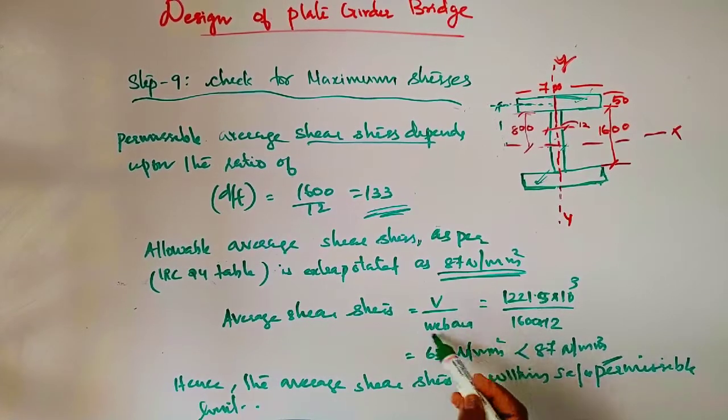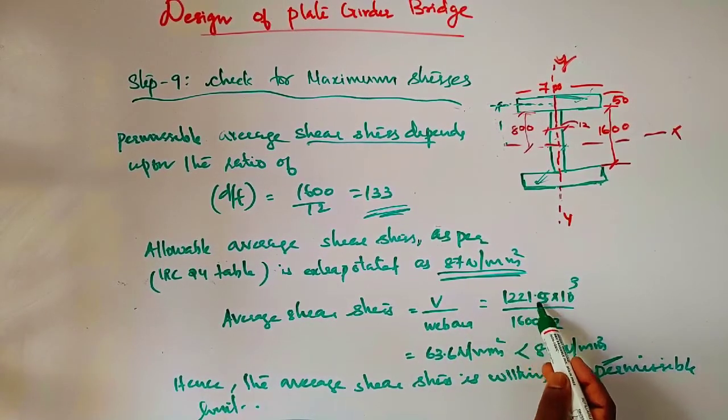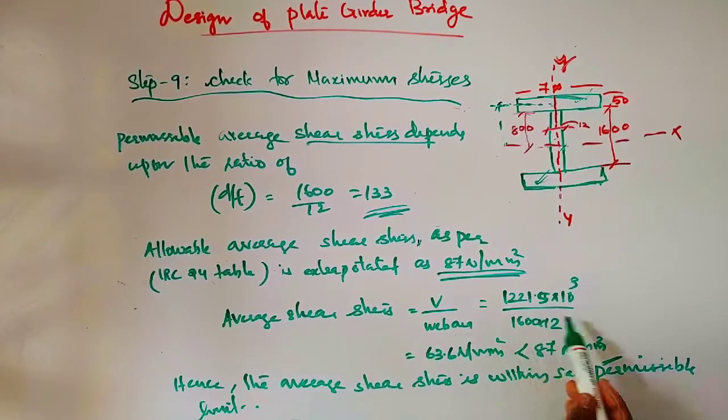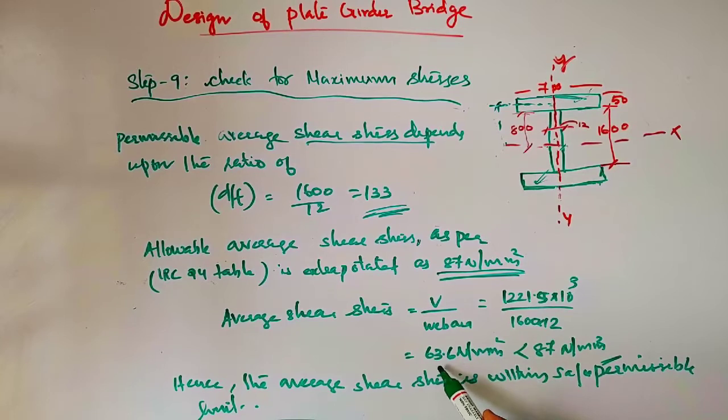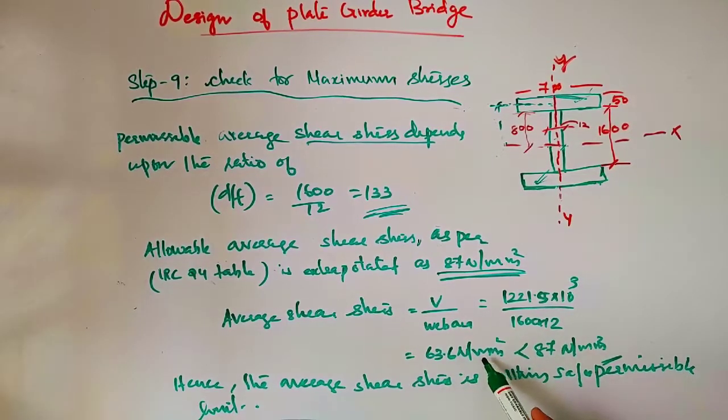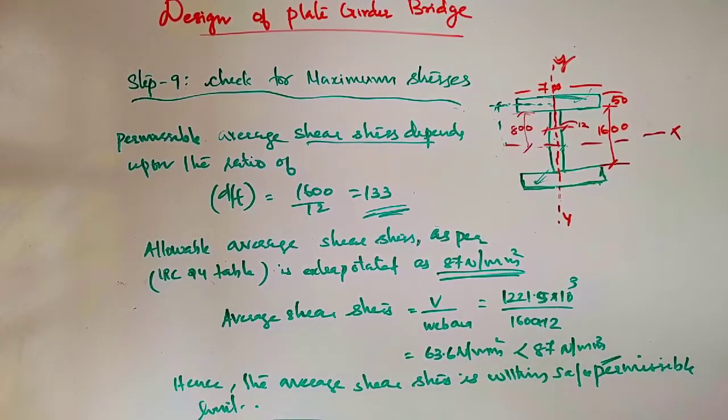The shear force we calculated as 1221.5 into 10 raised to 3, divided by web area 1600 into 12, and the answer is 63.6 Newton per mm square. It is less than 87 Newton per mm square, that is permissible. So the average shear stress is within the safe permissible limit.